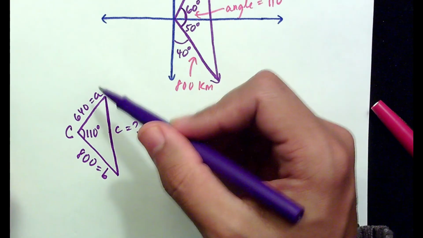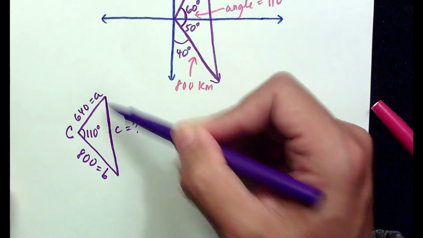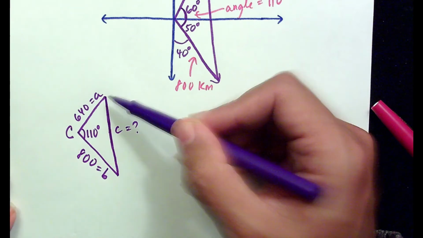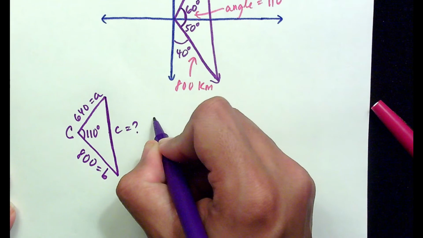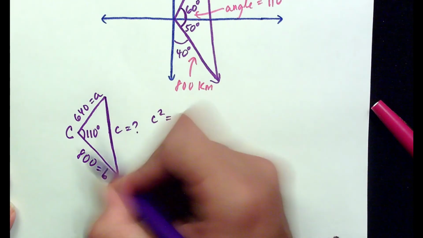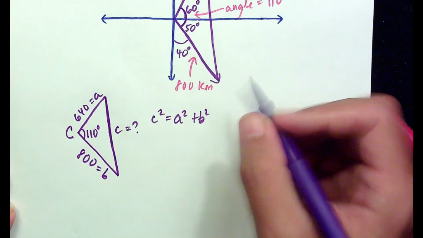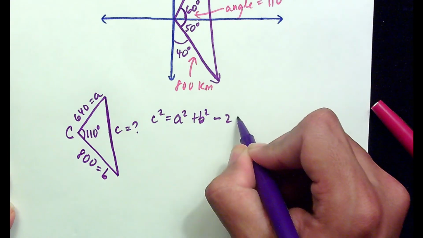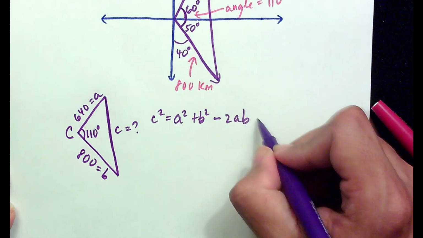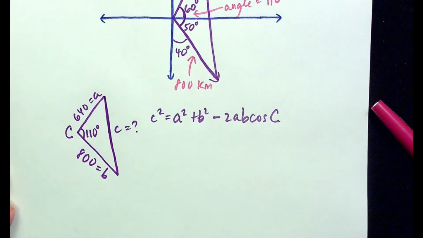The law of cosines tells me that this one squared, if I take that as a quote-unquote hypotenuse, or a fake hypotenuse, is equal to that squared plus that squared. Now, because this is not a right triangle, we make a correction. Subtract 2 times the product of the sides times the cosine of the angle between them, which is capital C. Now we plug in our numbers.